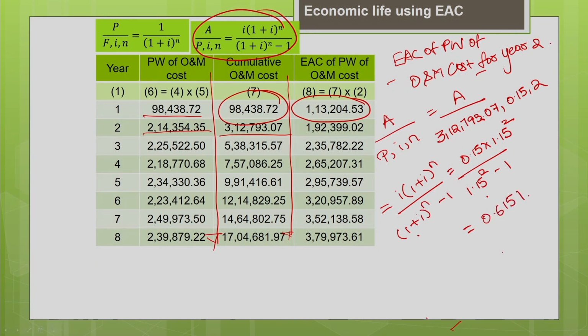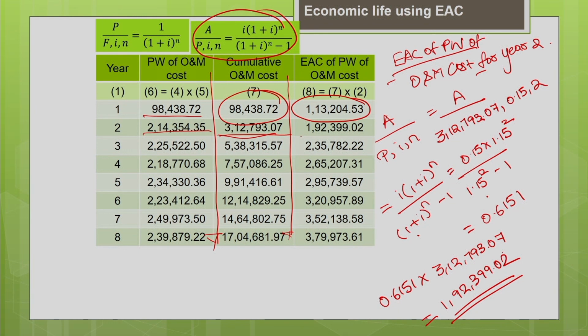To find the equivalent annual cost, you multiply this 0.6151 with the present worth of the operating and maintenance cost, 3,12,793.07. That gives me 1,92,399.02. This is my equivalent annual cost of the present worth of the operating and maintenance cost.